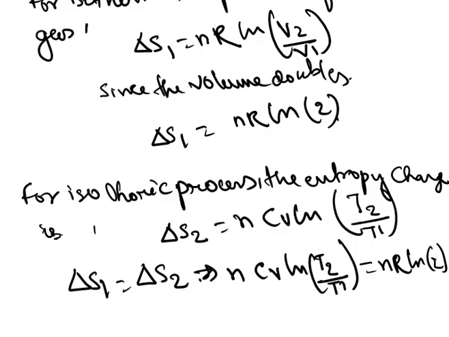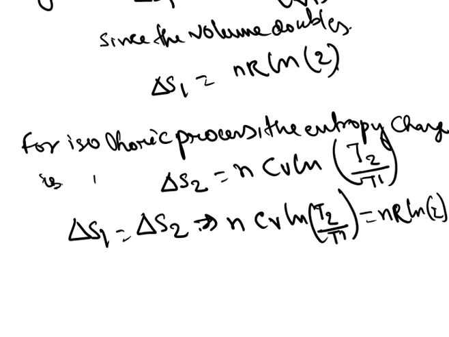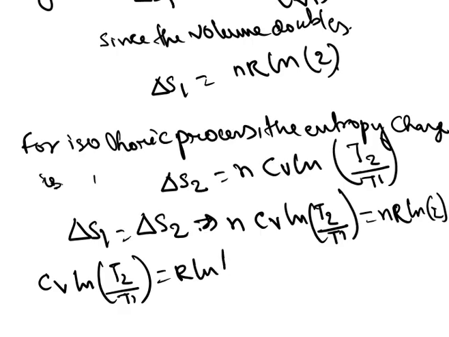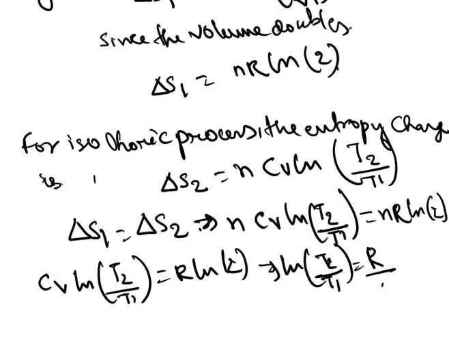We'll cancel n and the expression stands as Cv ln T2 by T1 equal to R ln 2, or ln T2 by T1 equal to R by Cv into ln 2.